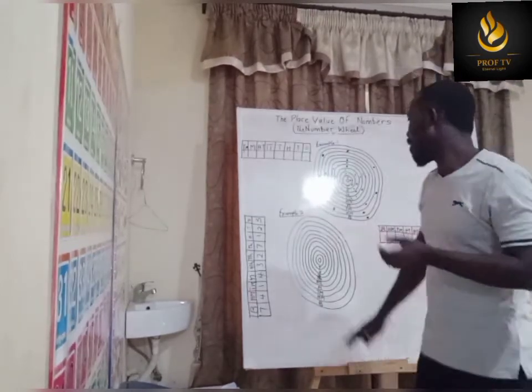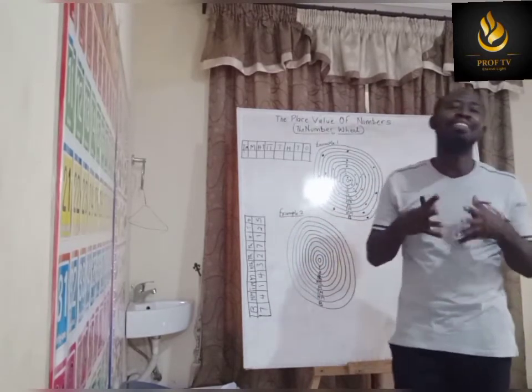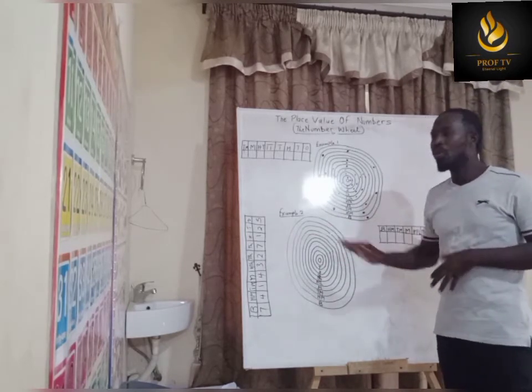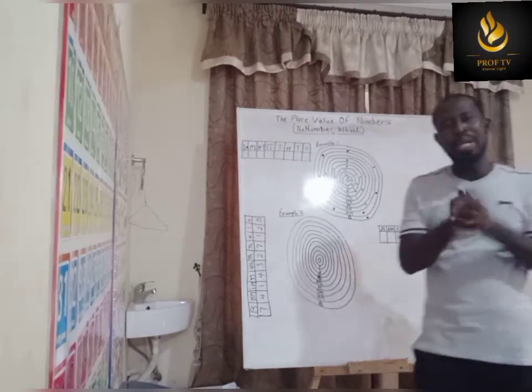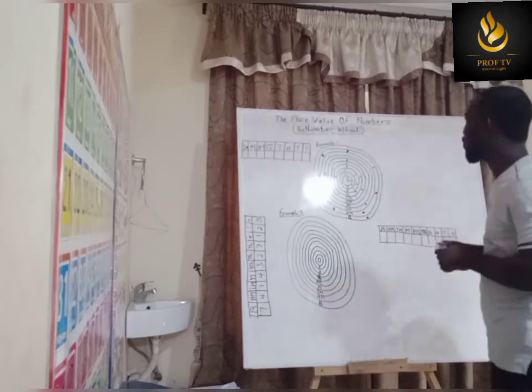Or, the values are given to you, and then they ask you to represent them on the number wheel. So we are going to look at these two, and I hope by the time we are done, you understand it perfectly. Alright, so let's get to it.